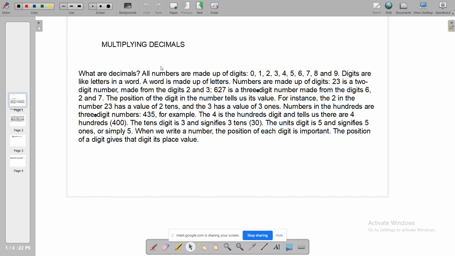Okay. So in mathematics, how many digits do we have? Is it 9? It's 10, right? Because we start from 0 to 9. So in mathematics we have 10 digits.